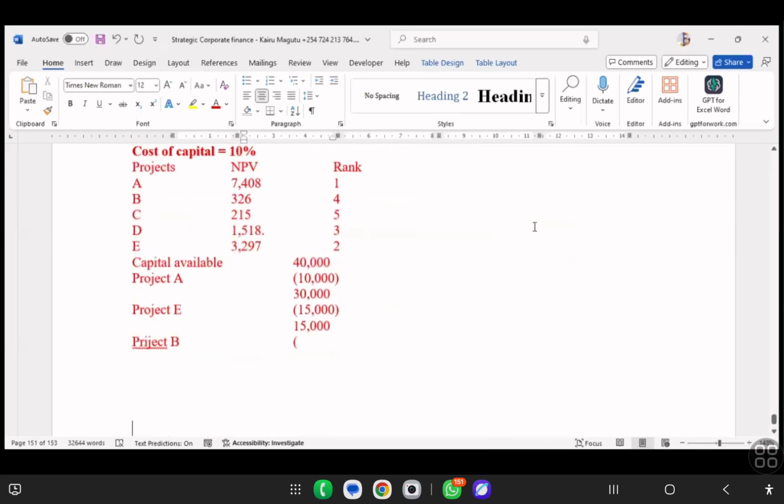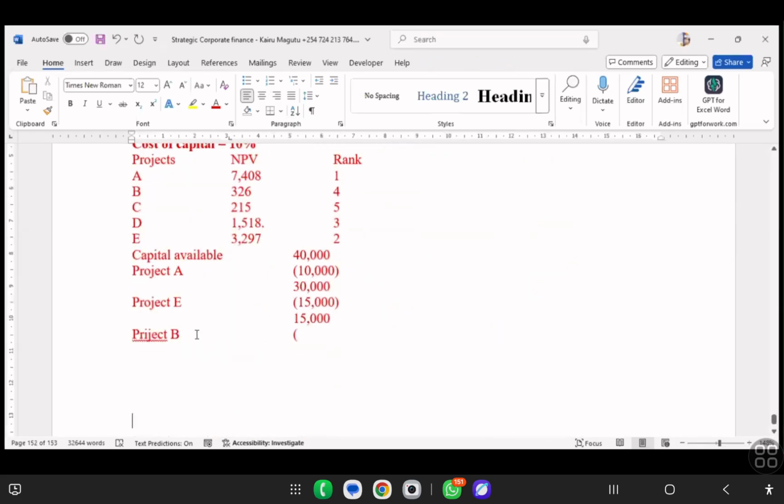If it is divisible, it means that for B there is available 15 million, and it requires 30. But the capital available is 15. Since it is divisible, we invest the 15. As a result of that, we will get to a balance of 0.